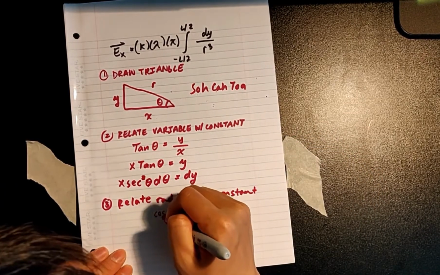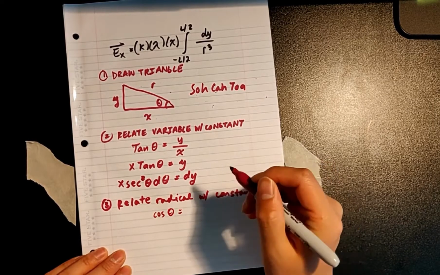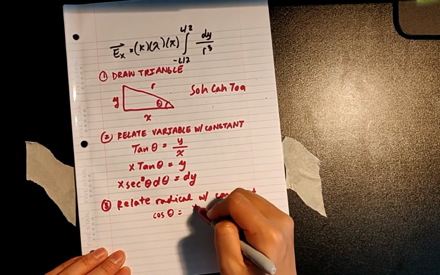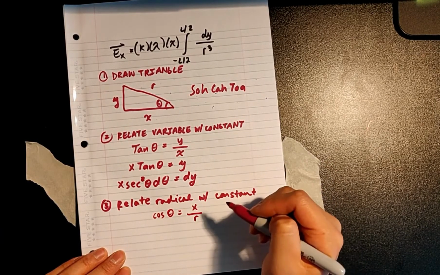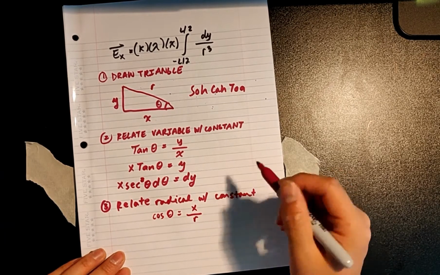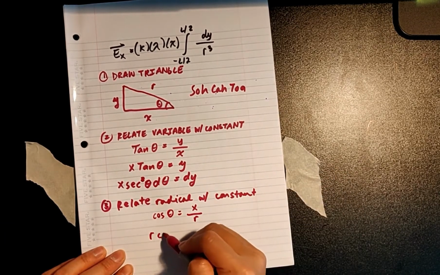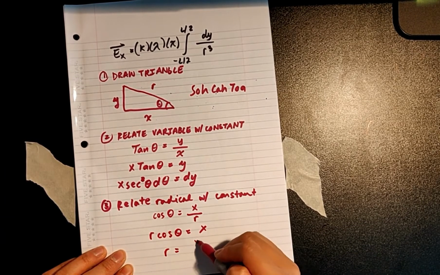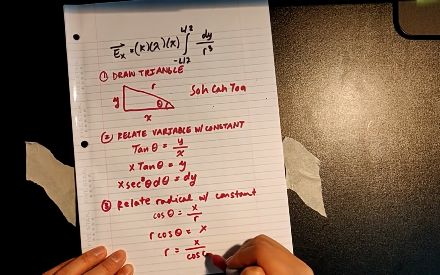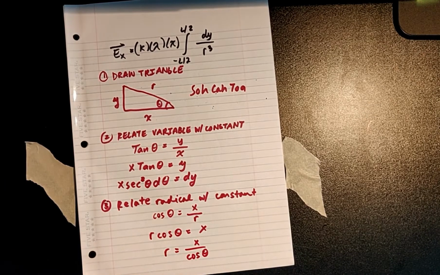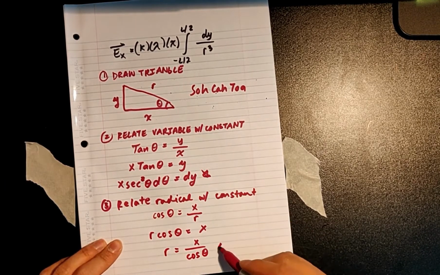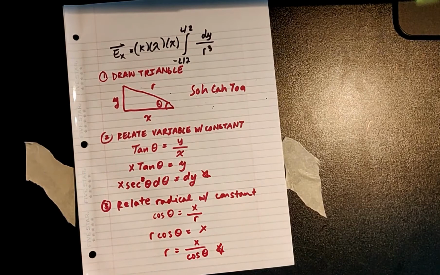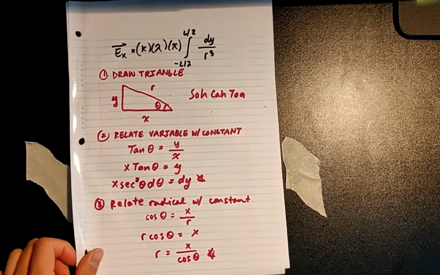So cosine theta is going to be equal to x over r. So now solving for our r, we get r cosine theta equal to x, or r is then just equal to x over cosine theta. So now we can just use these two terms to plug it back into our integral and then solve for it.